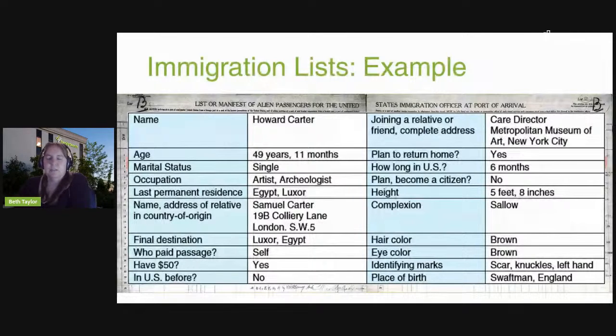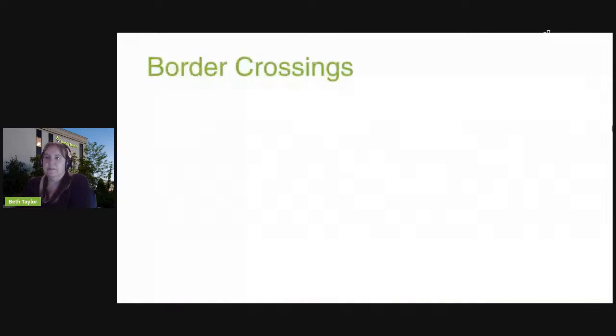His last permanent residence was Luxor, Egypt, and it actually tells us that he's only planning to be in the US for 6 months. So he doesn't plan to become a citizen, and that he's returning to Luxor, Egypt, not surprising, and that he's actually coming here to spend time with the director of the Metropolitan Museum of Art in New York City, not surprisingly. It also lists his place of birth as Swaffham, England.